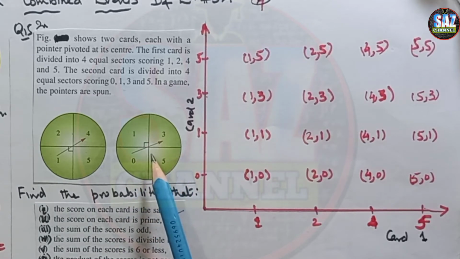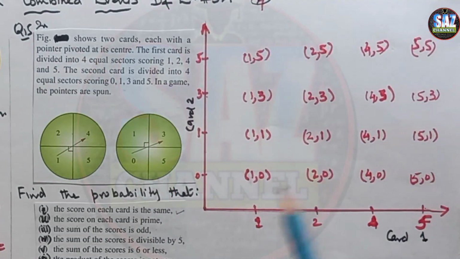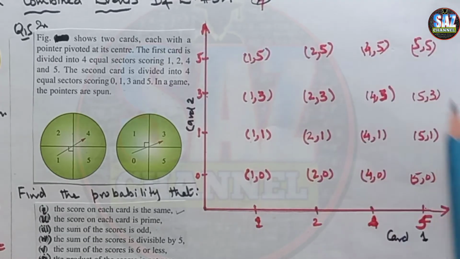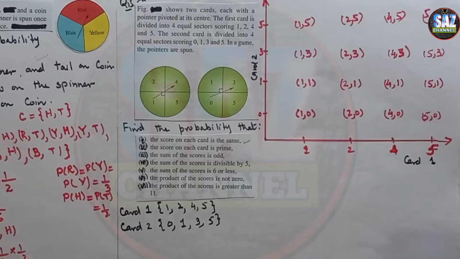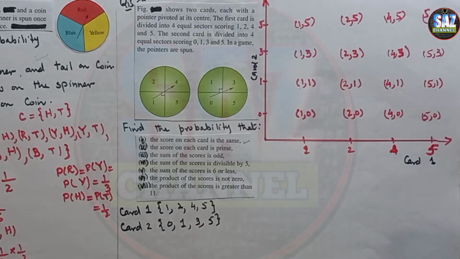So the total possible outcomes will be 16, and let me count it. 1, 2, 3, 4, 5, 6, 7, 8, 9, 10, 11, 12, 13, 14, 15 and 16. Yes, total possible outcomes are 16, and the first part is the score on each card is the same. Probability of getting the same score.